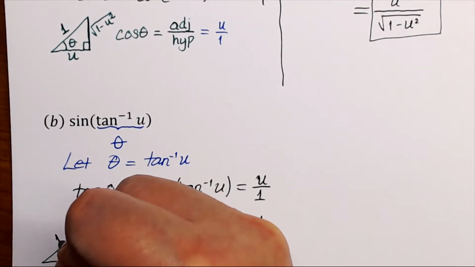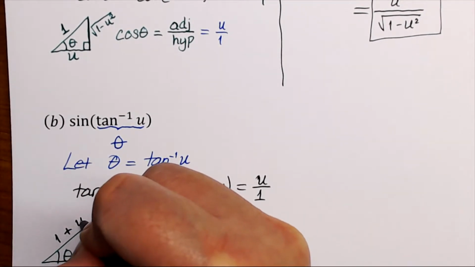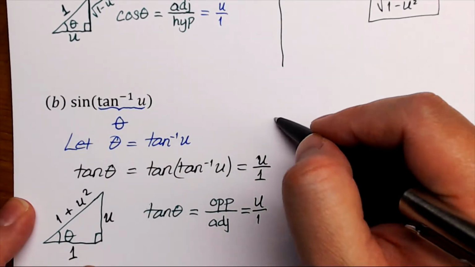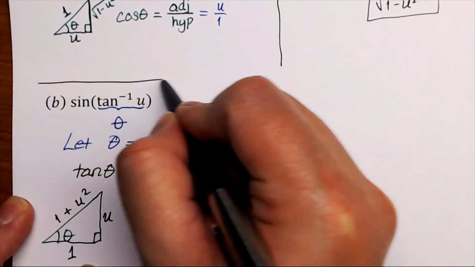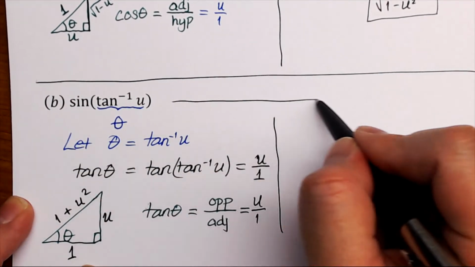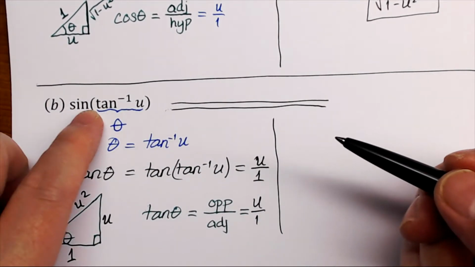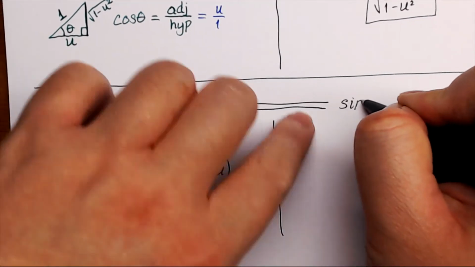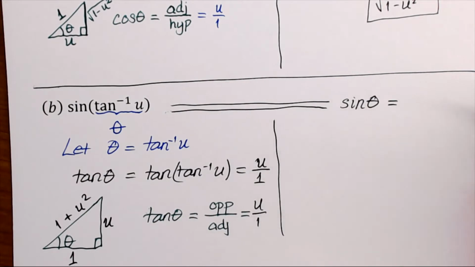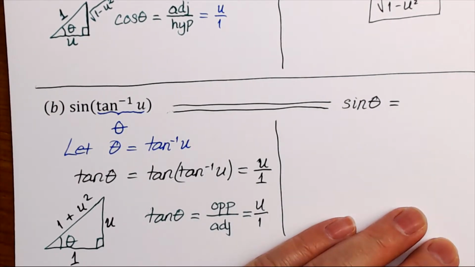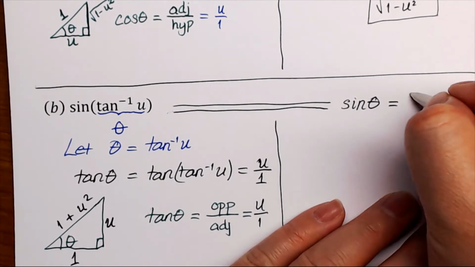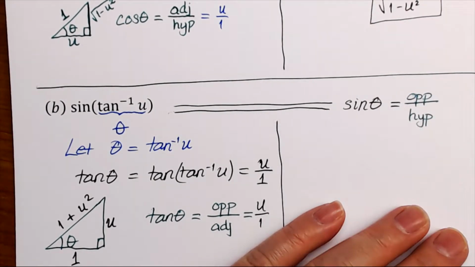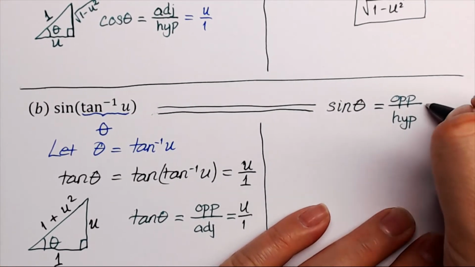We then draw a little triangle, right triangle. Let theta be that acute angle. Cosine of something is adjacent over hypotenuse. And in previous ratio we have u. Why don't we write u over 1?